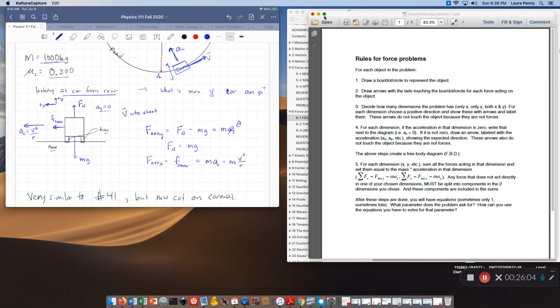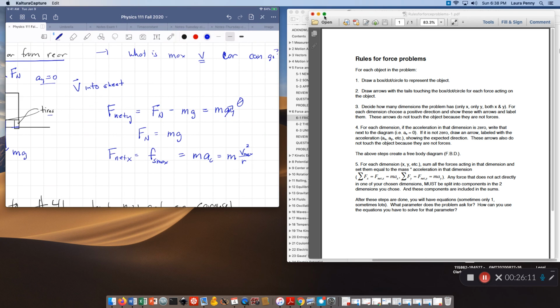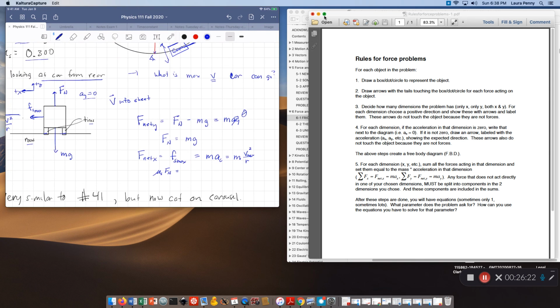And this is really the maximum speed that I'm trying to find here. Static friction force max is mu sub s times the normal force. So mu sub s, I had as a given, was 0.300.